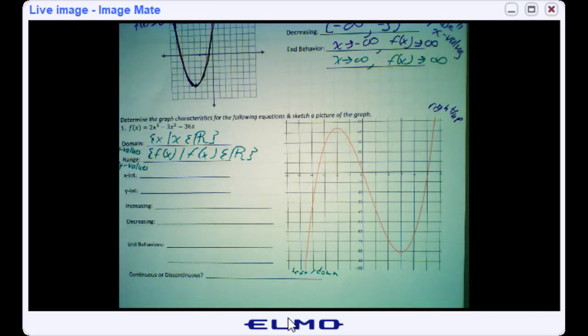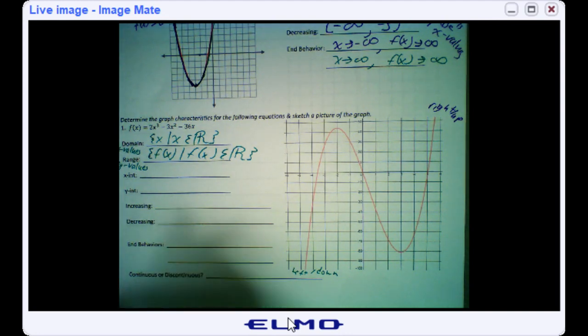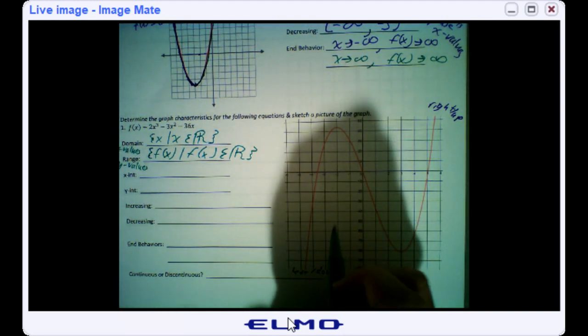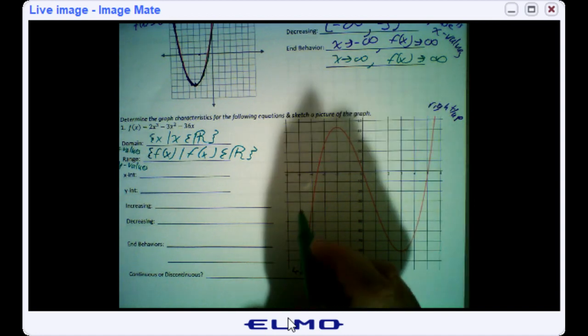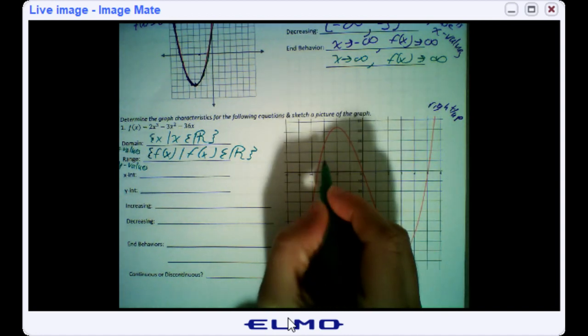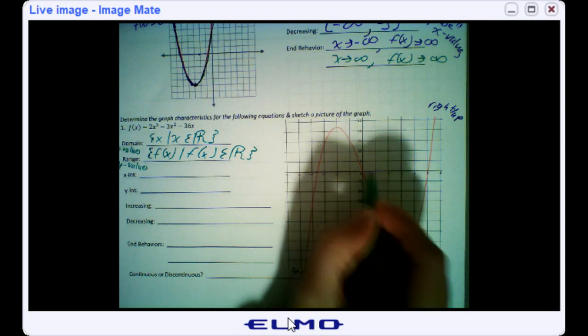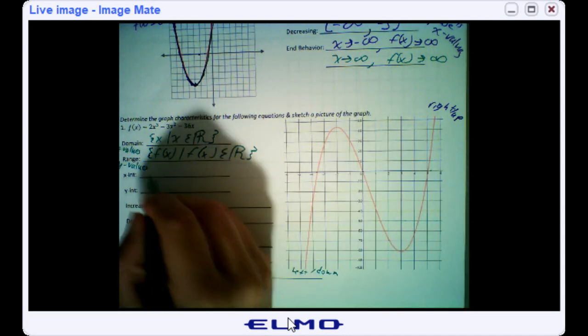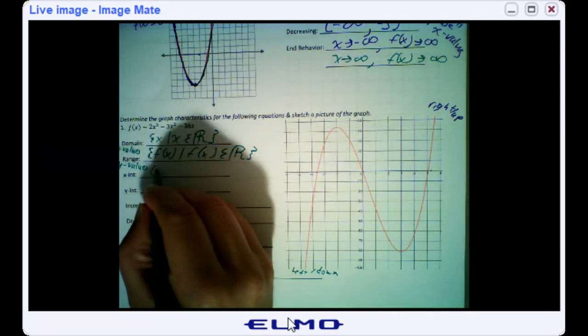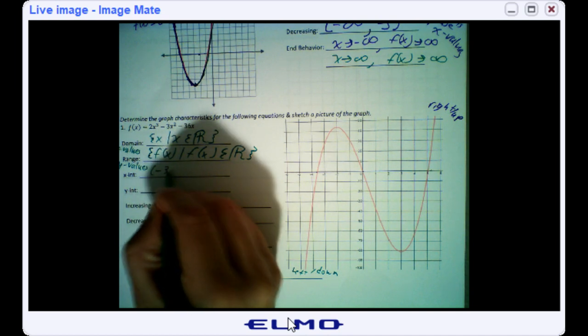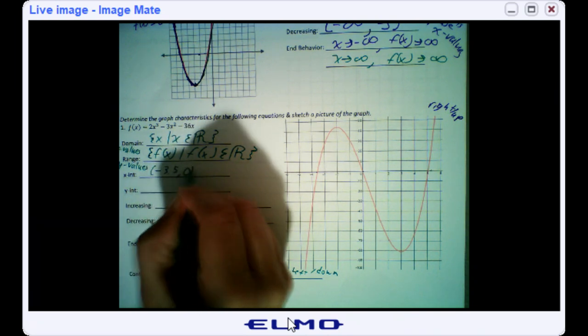The x-intercepts here, you're going to have to guesstimate a few of them because I'm not giving you the exact points. Most of the time on Desmos, you can type it in and get the exact points, or they'll be given to you nicely. So let's see, we've got 1, 2, 3 x-intercepts. One of our x-intercepts is going to be about negative 3.5-ish, 0.